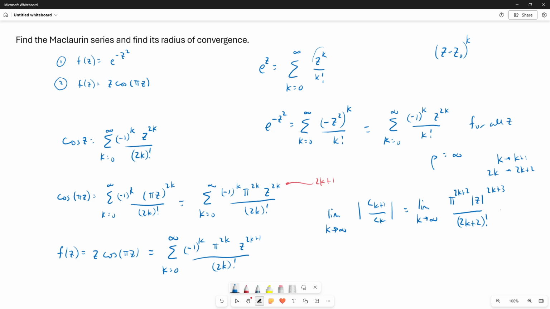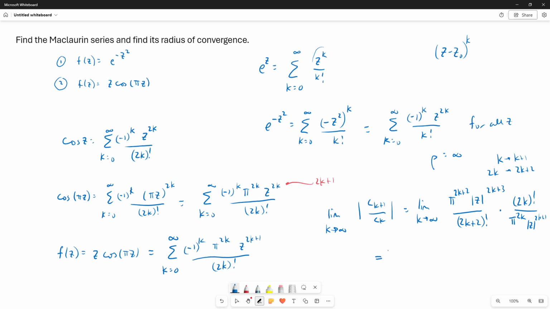And then times the reciprocal of this, the modulus, is 2k quantity factorial. The modulus of that is 1, so we'll skip it. Pi to the 2k, modulus of z to the 2k plus 1.